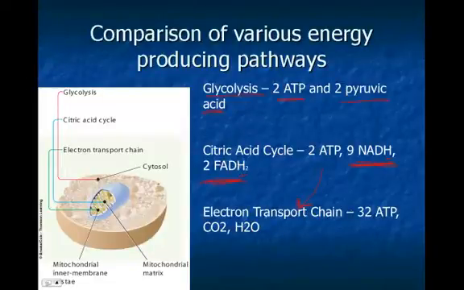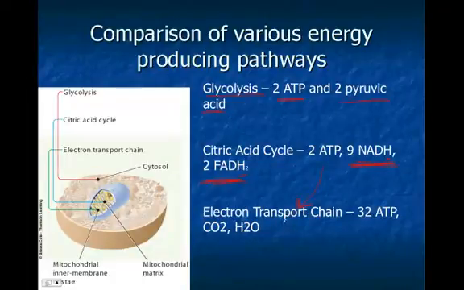When they dump those electrons, the energy from those electrons is used to pump hydrogen ions from inside the matrix across the inner membrane into the inner membrane space, where we get a big concentration gradient of hydrogen ions.